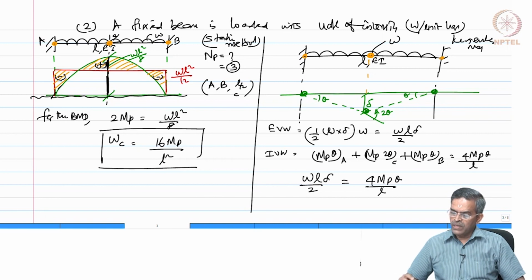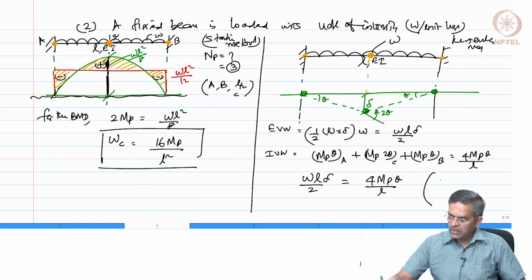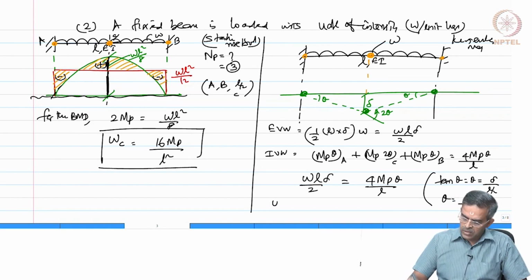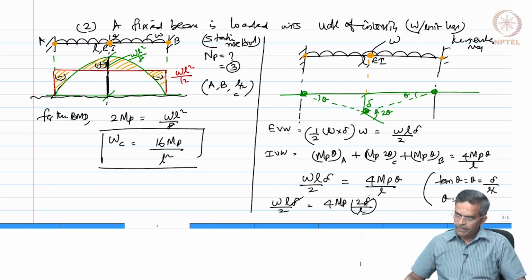Okay. So, from the figure we know that tan theta is del by L by 2. So, theta becomes 2 del by L. Let us substitute that. So, W into L del by 2 is 4 MP into 2 del by L. So, del goes away. Okay.